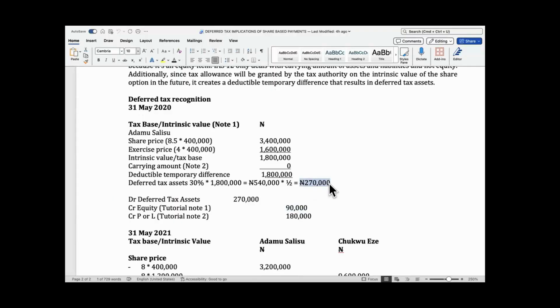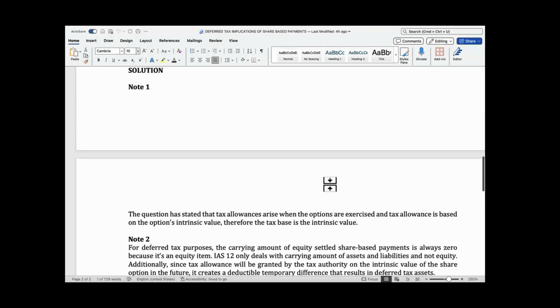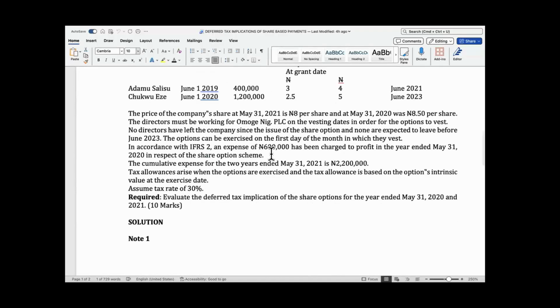If I take it to P&L, I am over-recognizing tax, because the examiner told me that what the guy has recognized in his books is 600,000.